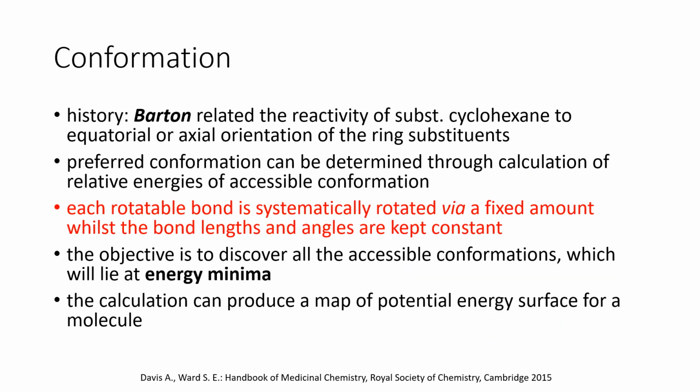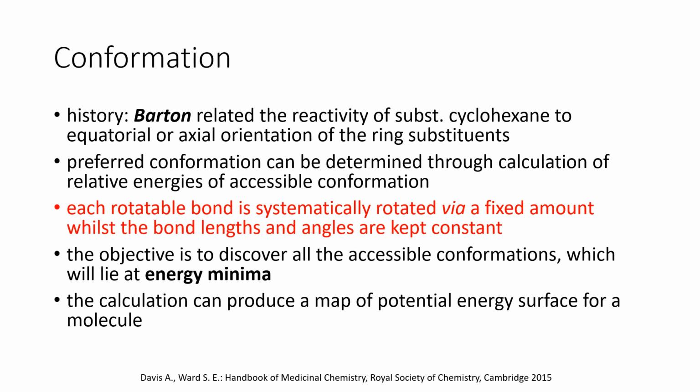We should mention also the conformations in molecular modeling. The history started with the conformation of cyclohexane and the orientation of the bonds into equatorial or axial position of the ring.